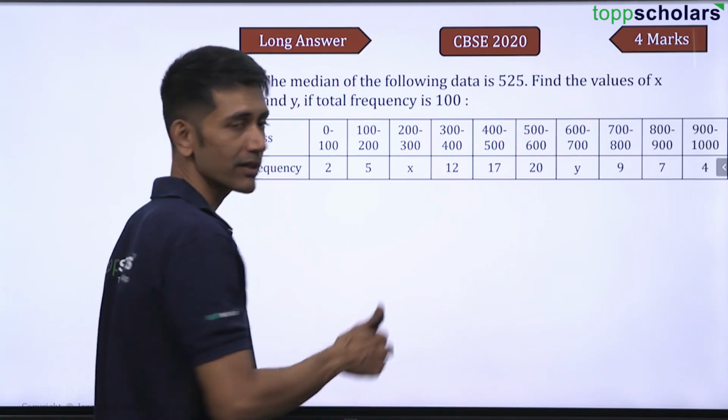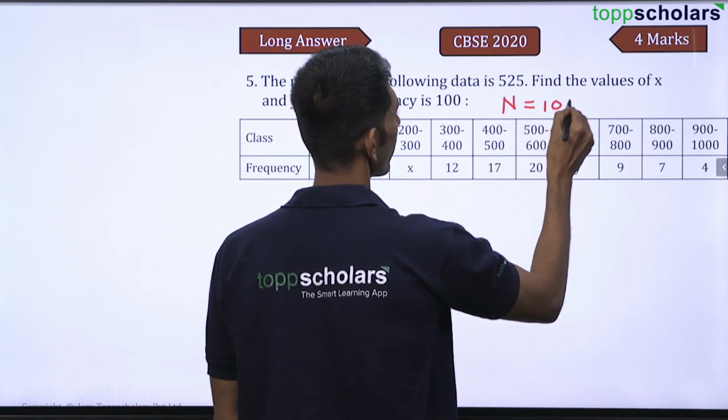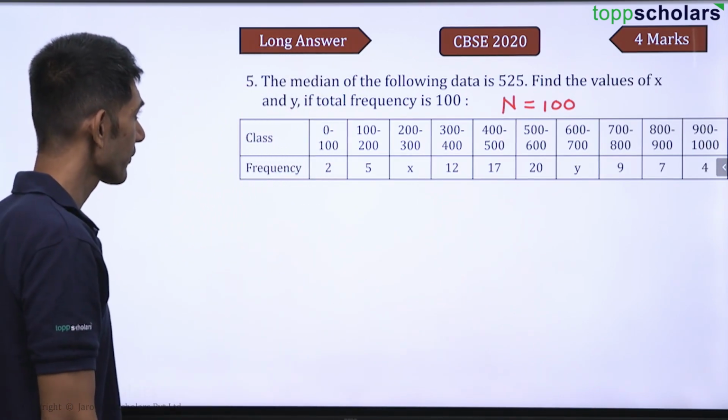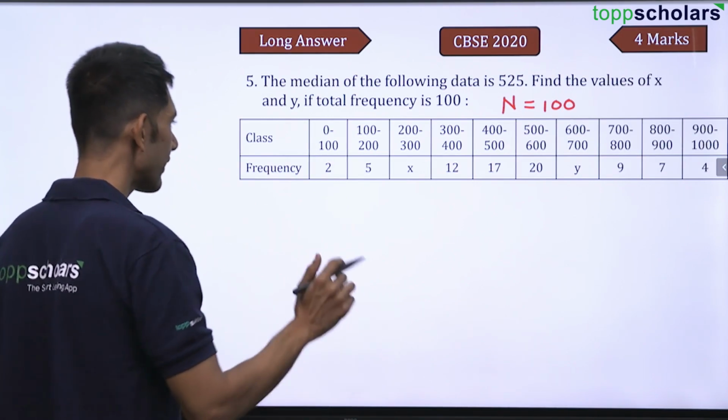So the total frequency is given by n. So n is 100. You can also call it summation f. That's okay. We're supposed to find out the median. See, before finding the median, let's try to understand and recall the formula.